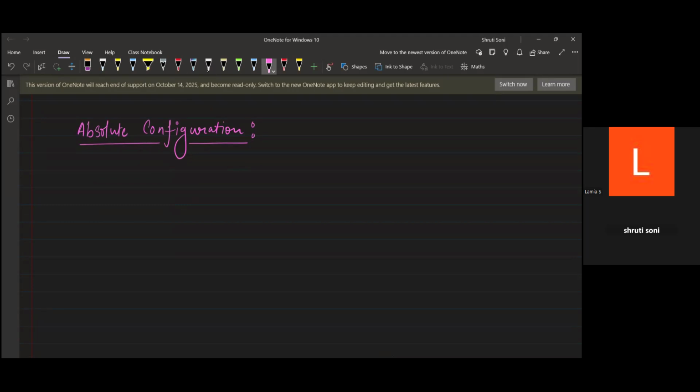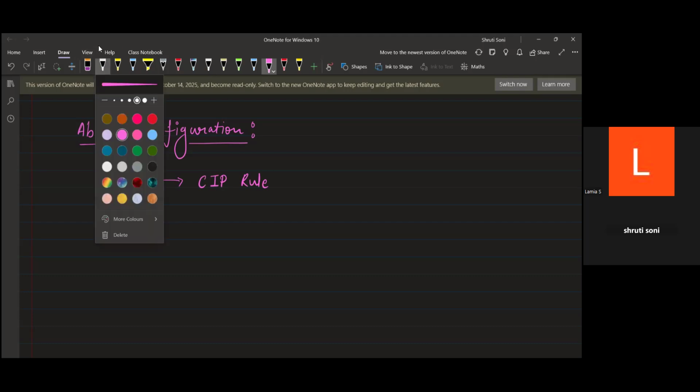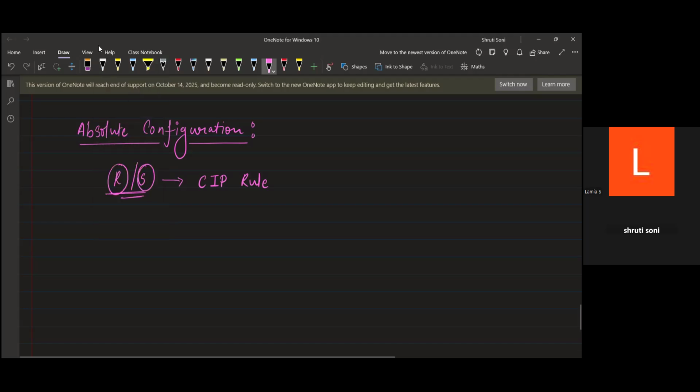Okay, so in absolute configuration we are starting with R and S configuration. R and S configuration is defined by the CIP rule. What is the CIP rule? I'm not sure.